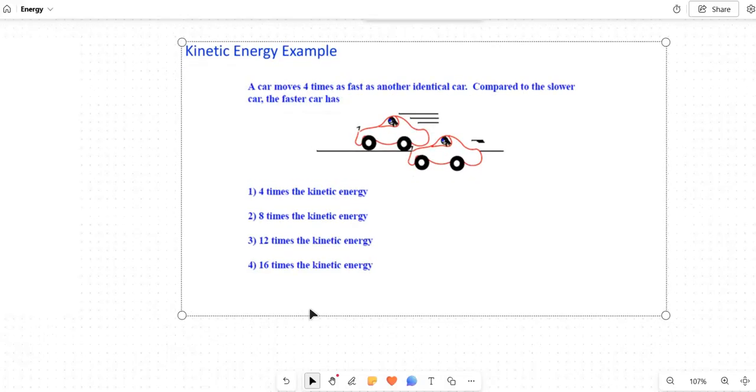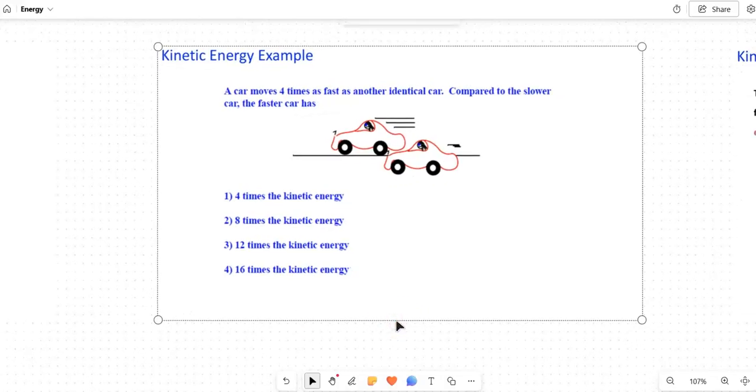Now, suppose you have two identical twins in two identical cars, and one car is moving 4 times faster than the other car. Compare their kinetic energies. Which car has more kinetic energy than the other, and by how much?